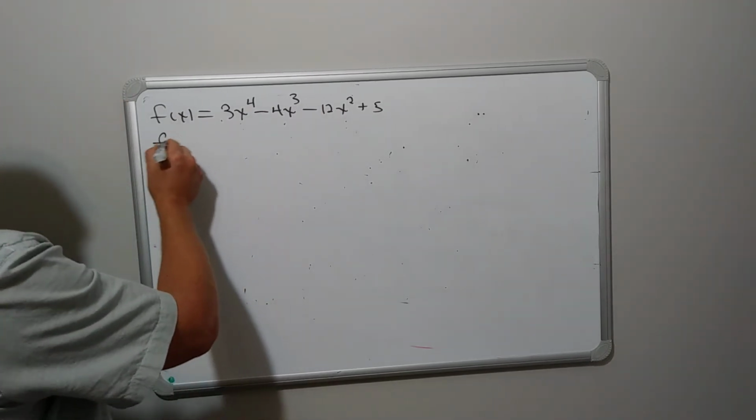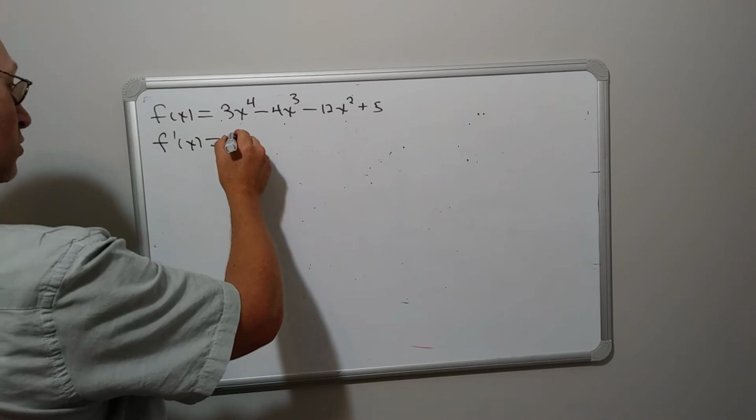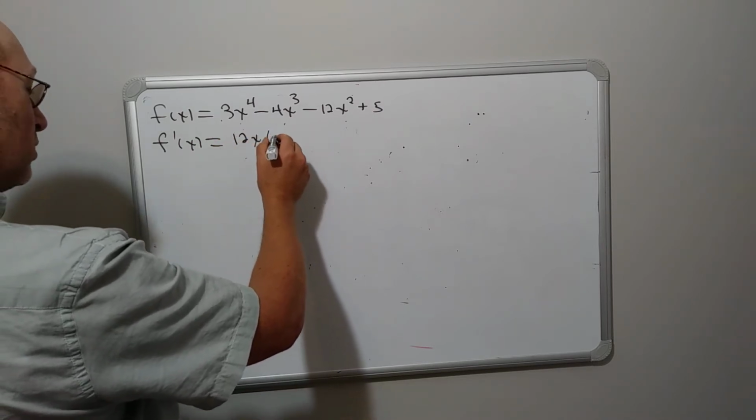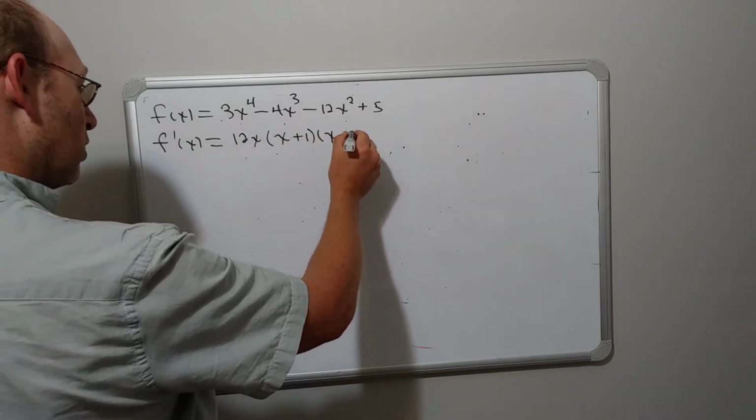Remember, we found the derivative as 12x times x plus 1 times x minus 2.